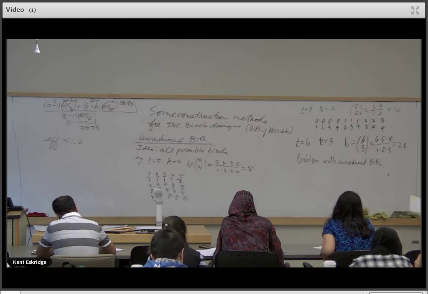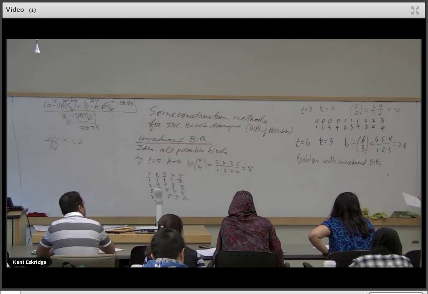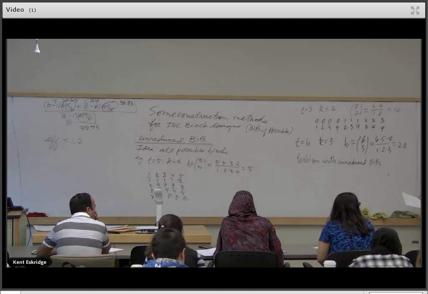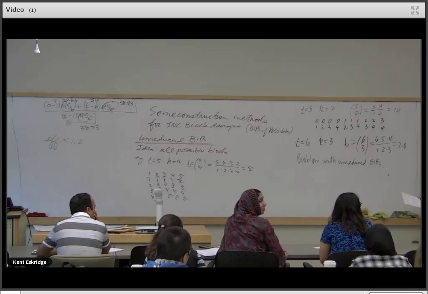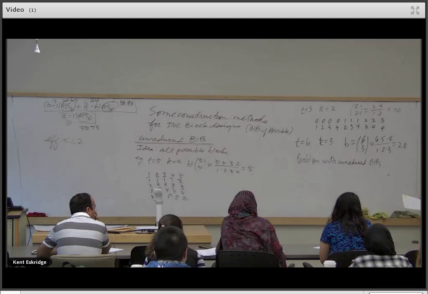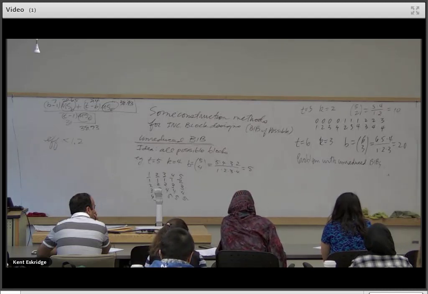You know, Robbie has, what, 290 treatments or something. Well, maybe not. 1,500? 1,500, okay. So blocks of size 4, 1,500 choose 4. How many blocks is that? It's a pretty big number, right? Okay. That's the problem.